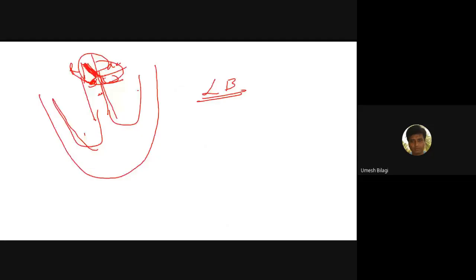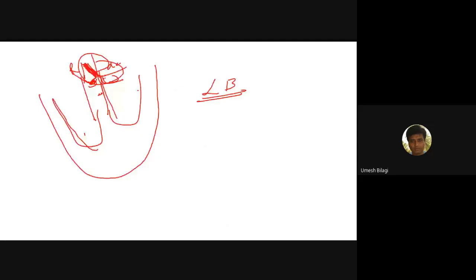So this intraventricular septum produces a small R wave in V1 actually.